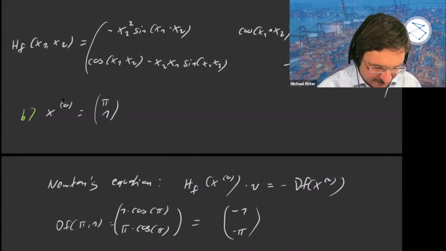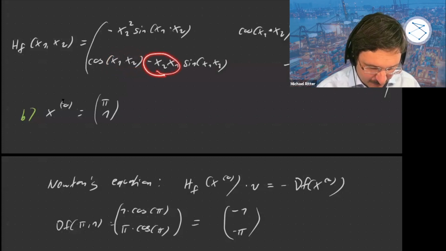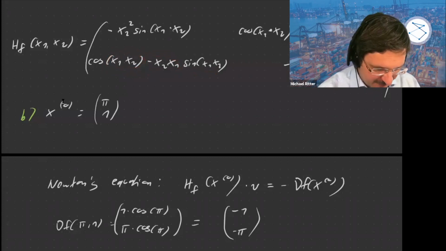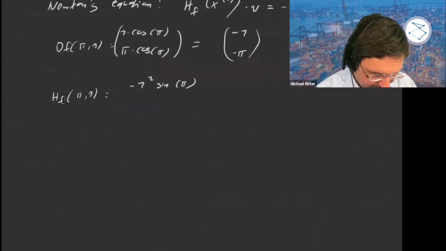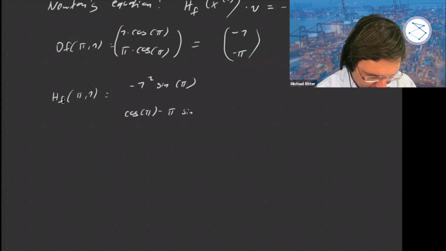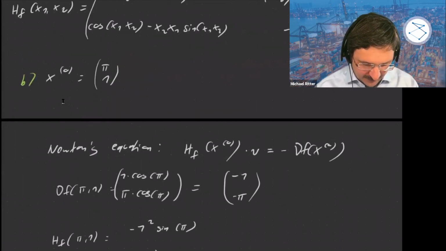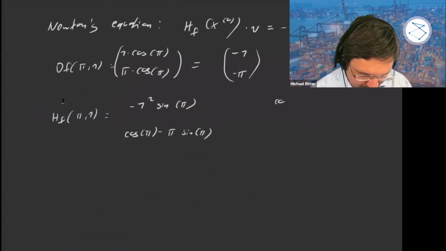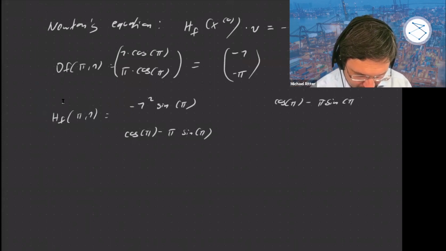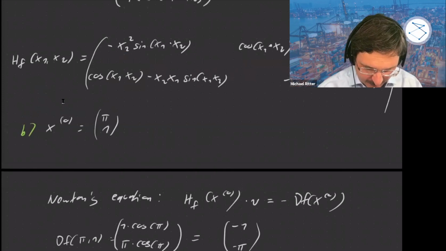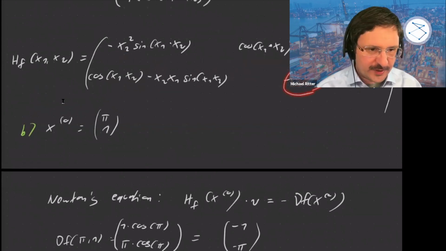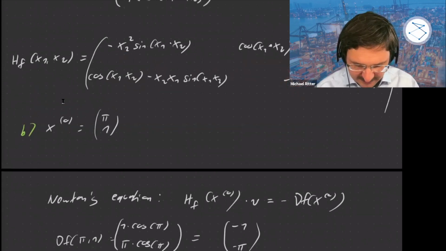Here we have cosine of pi minus pi times sine of pi. Same expression here. And then down here, we get minus x1 squared. So that's minus pi squared sine of pi.